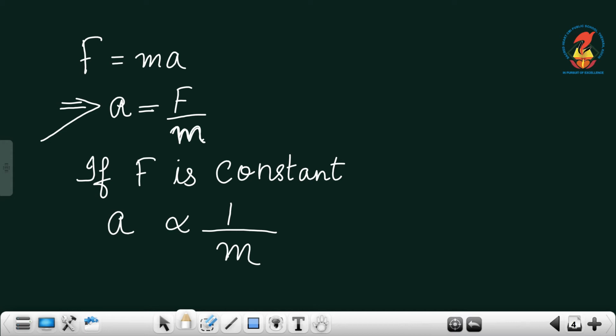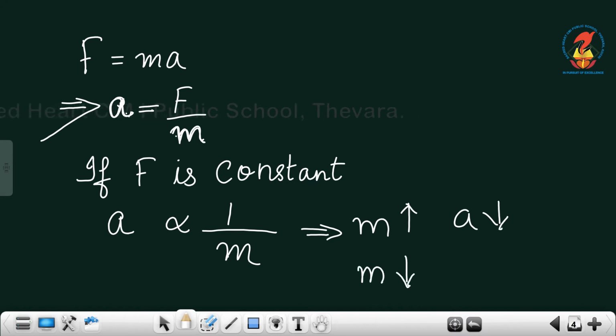Mass is in the denominator and acceleration is in the numerator, which means they are in inverse proportion. If mass increases, acceleration will decrease, and if mass decreases, acceleration will increase.